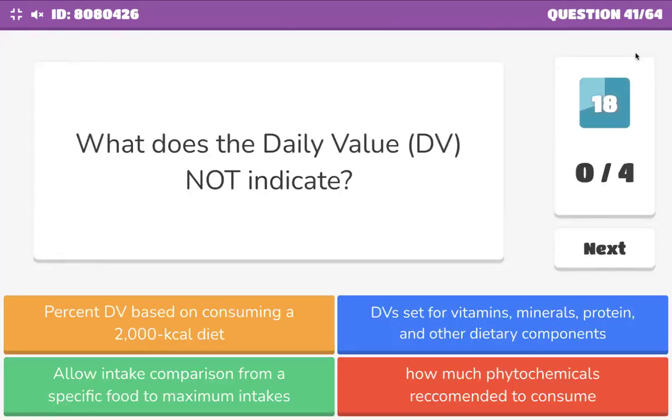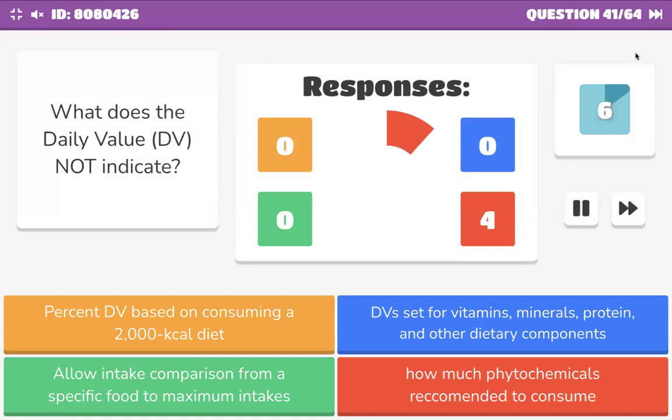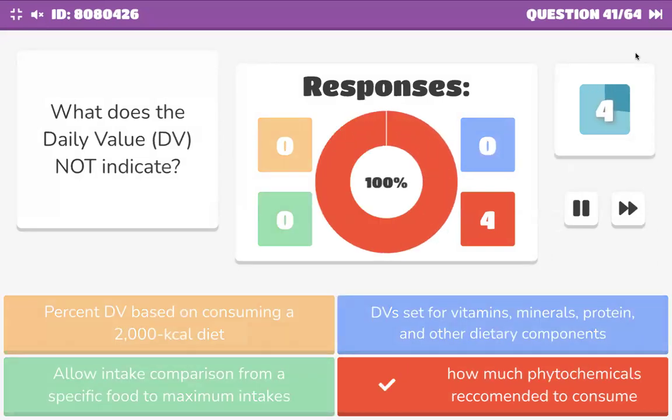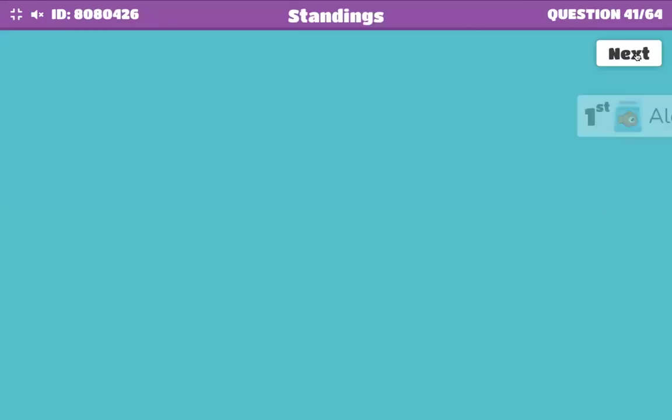What does a daily value not indicate? You know how much phytochemicals are recommended to consume?